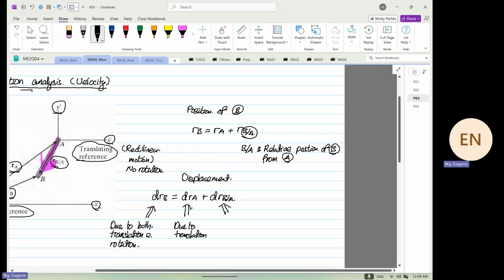And dr_B from A is due to rotation about point A.